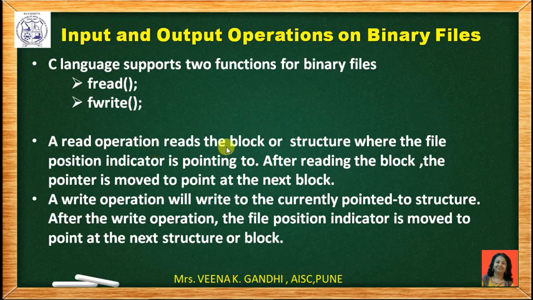A read operation reads the block or structure where the file pointer is pointing. After reading the block, the file pointer is moved to point at the next block. Similarly, in a write operation, data will be written to the currently pointed to structure position. After the write operation, the file pointer is moved to point at the next block or next structure.